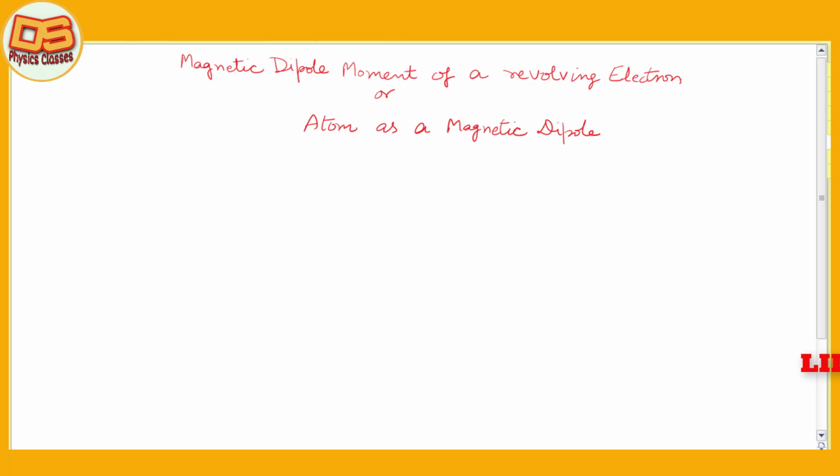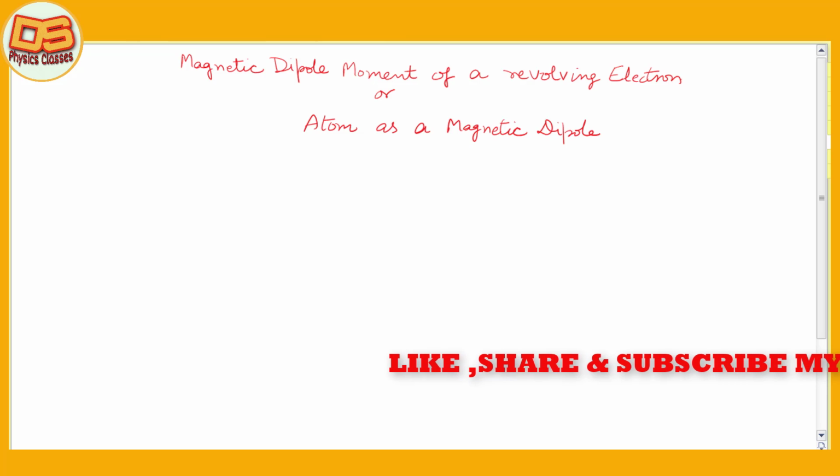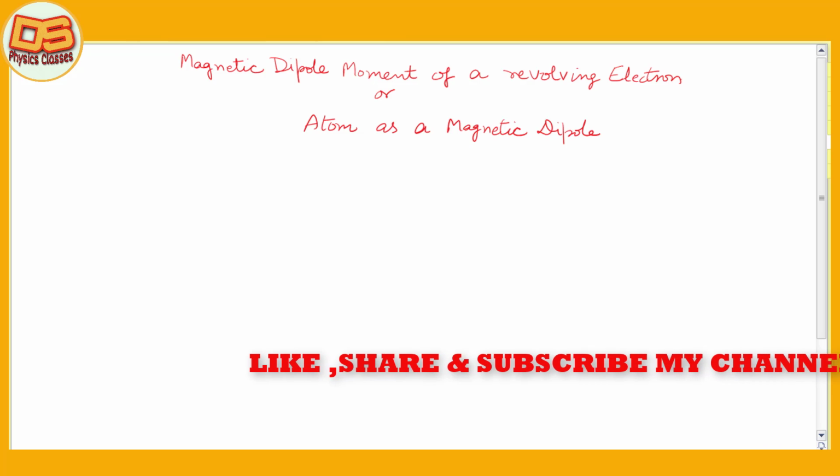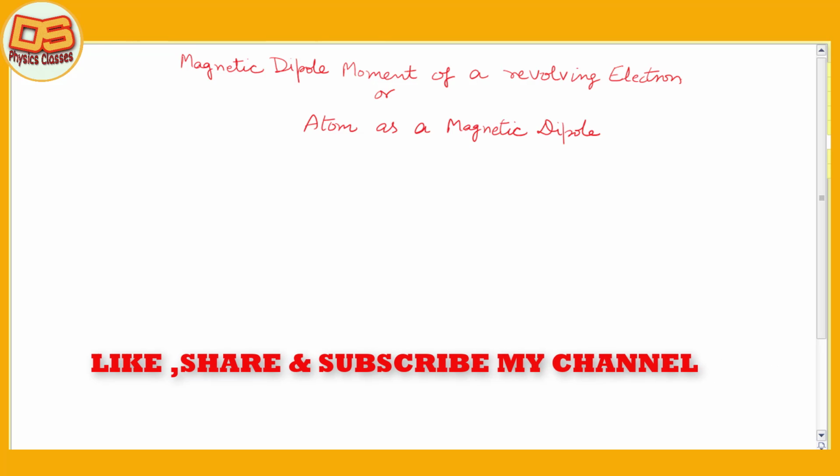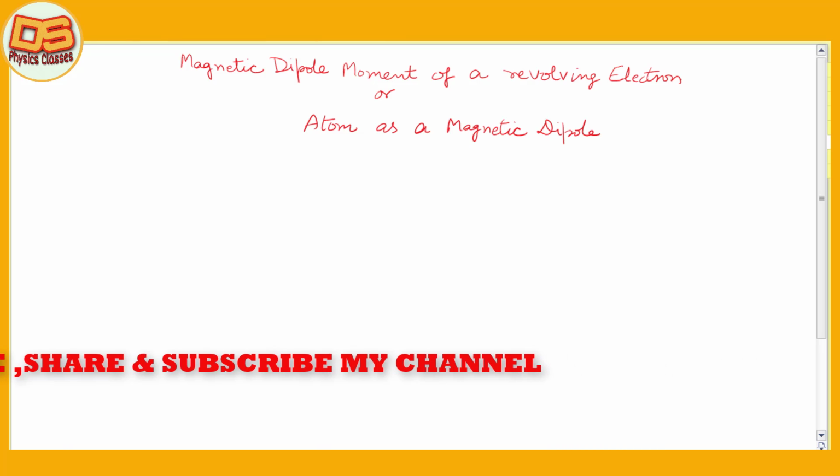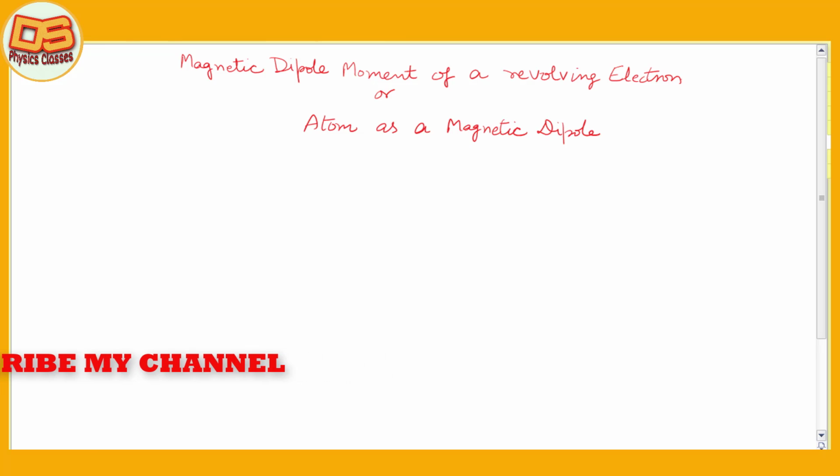A revolving electron is like a loop of current which has a definite magnetic moment. When the electron revolves in anti-clockwise direction, the current is in clockwise direction.